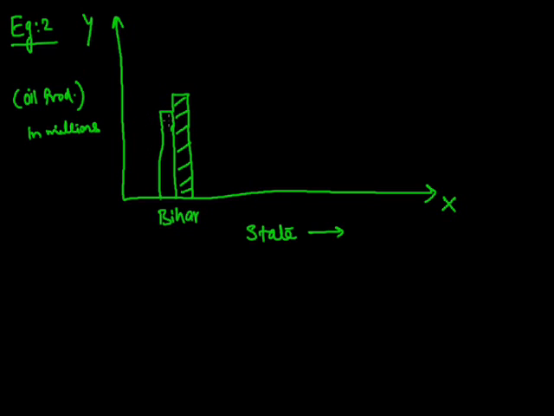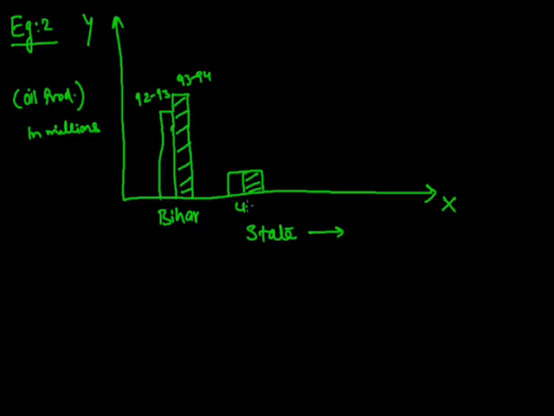Like this blank bar indicates the oil production in the year 92-93, and this shaded bar will indicate the oil production for the year 93-94. So this type of bars will also come where the oil production of two different years are given simultaneously attached to each other for the particular state.